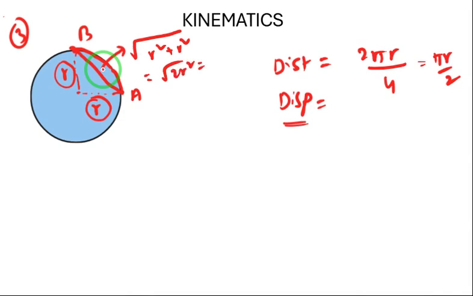Root 2 into root r square, the square root cancels, that is root 2 into r you are getting. So this is the shortest path between A and B, that is root 2r. Based on Pythagoras, hypotenuse equals the square root of one side square plus the other side square.